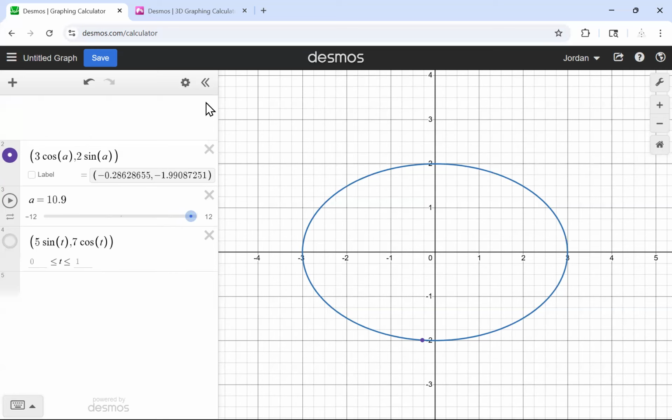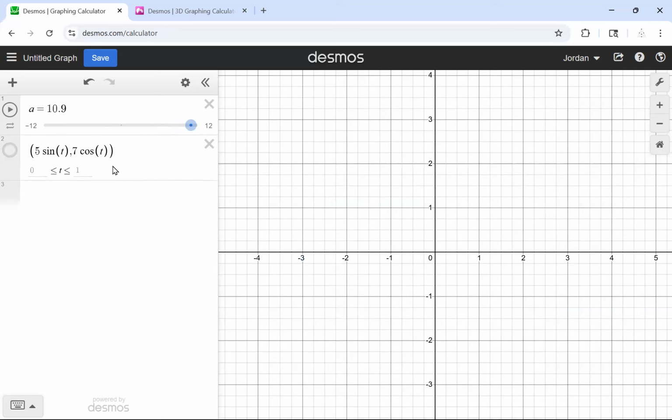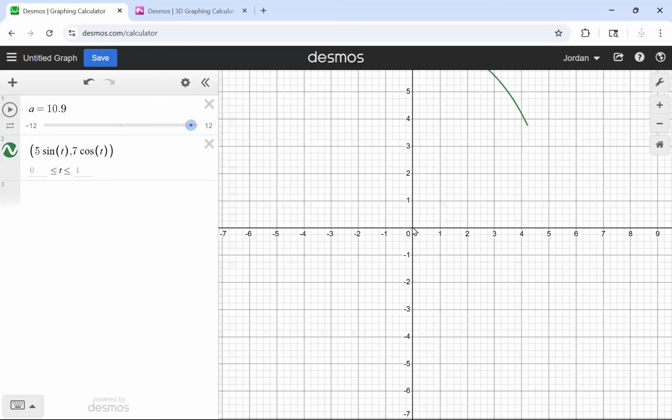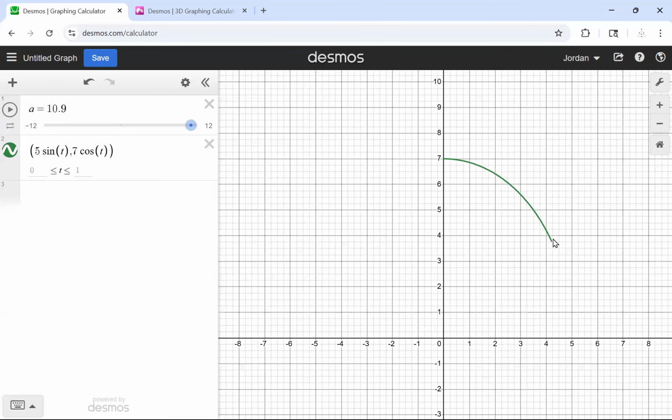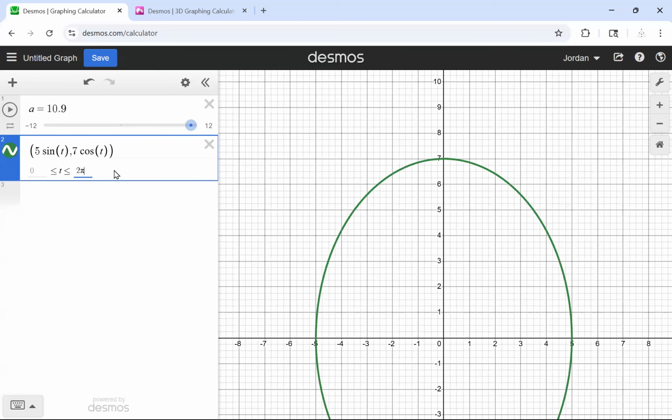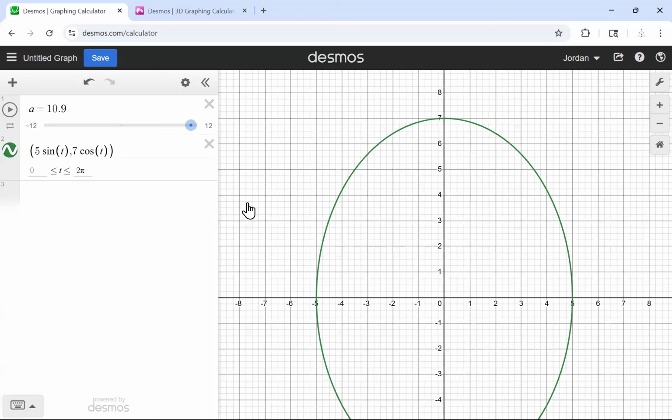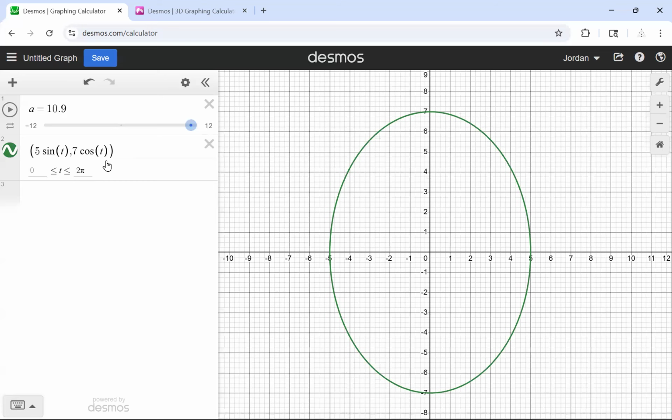Now, let's do the other ellipse, the 5 sine of t, 7 cosine of t. Notice that initially, since I only let my t range from 0 to 1, I only get part of this ellipse. I'll make sure that my t ranges from at least 0 to 2 pi, but you could go further.